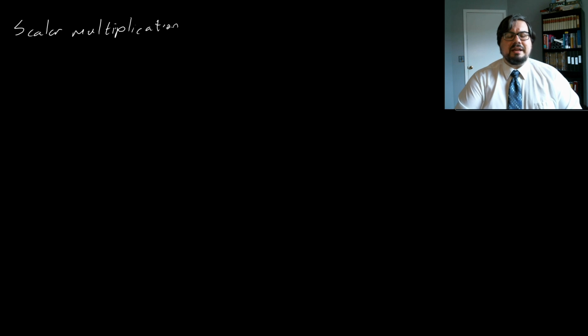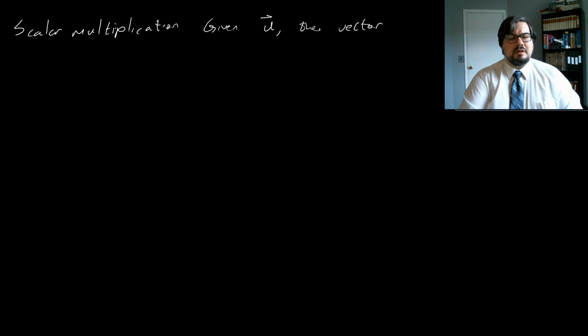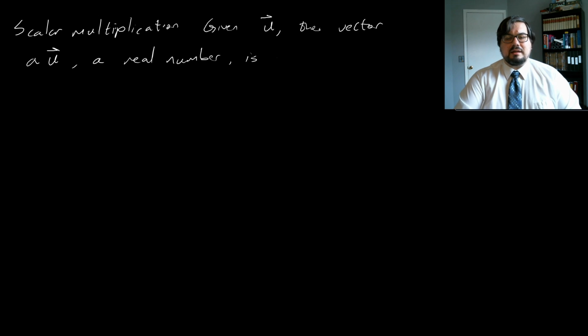So scalar multiplication. Given a vector u, the vector a times u, where a is a real number, is one of two things.